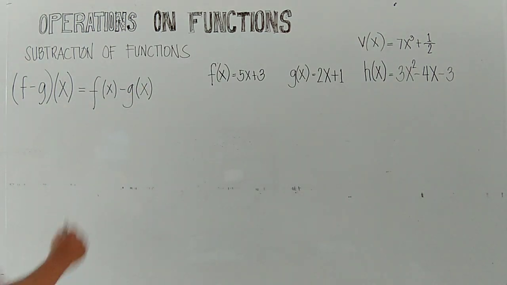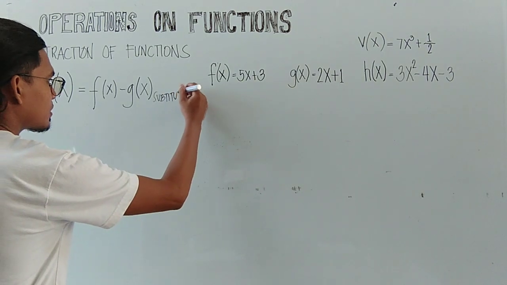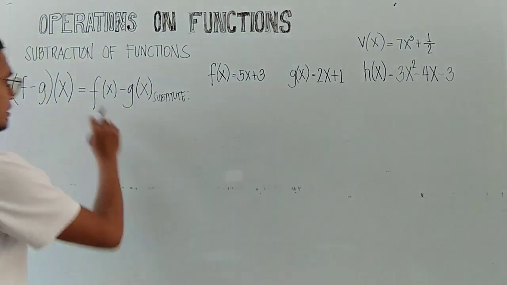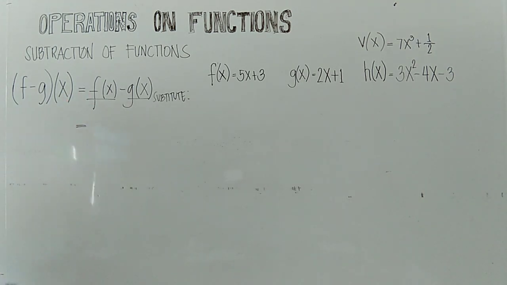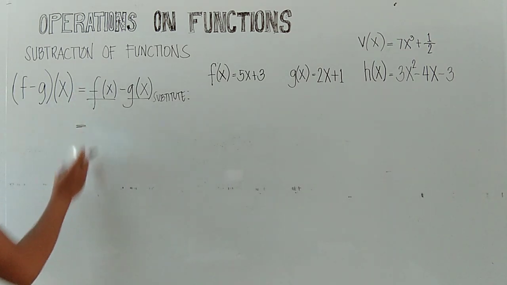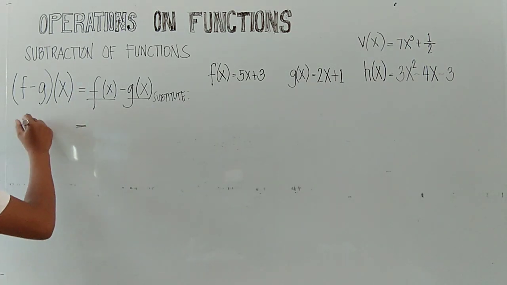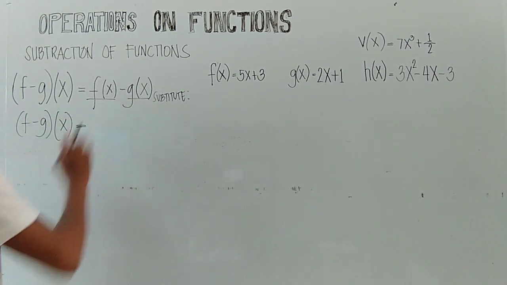Again, ang una na step is substitution. So, let us substitute what is f of x and g of x. So, we have to solve for f minus g of x. What is f of x?